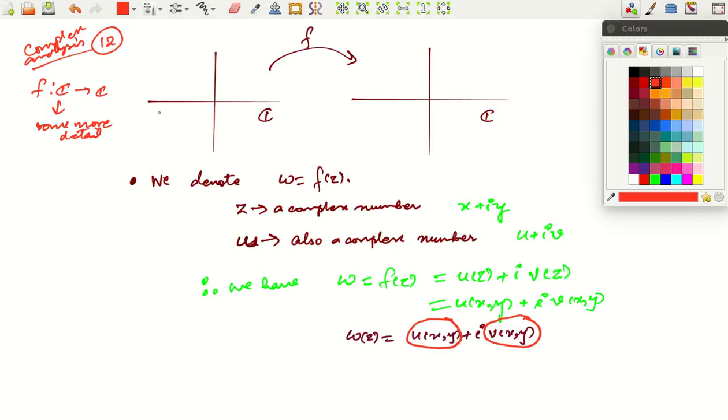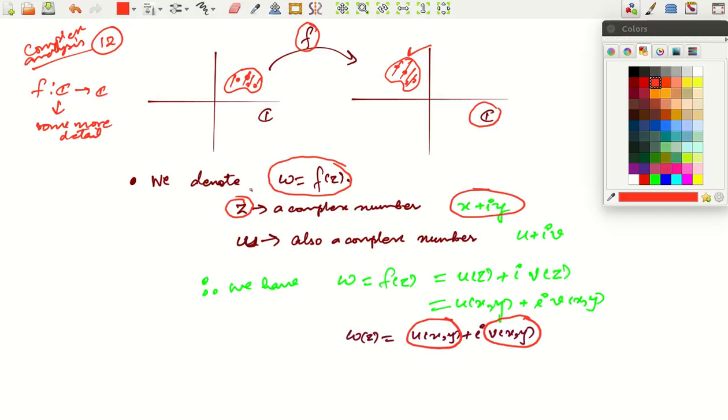So basically we have our domain as a subset of C and range as a subset of C, right? So we have a set here which is a subset of the complex plane, and a set here which is again a subset of the complex plane, and we define a function which takes elements from here and assigns elements from here. If we write our function as w = f(z), z is a complex number, so I can write it as x + iy. So z has real part x and imaginary part y.